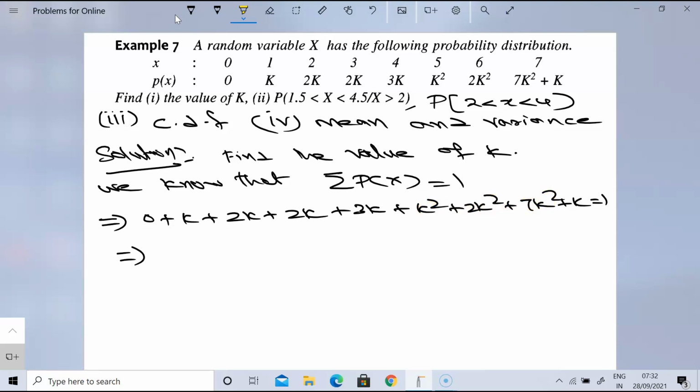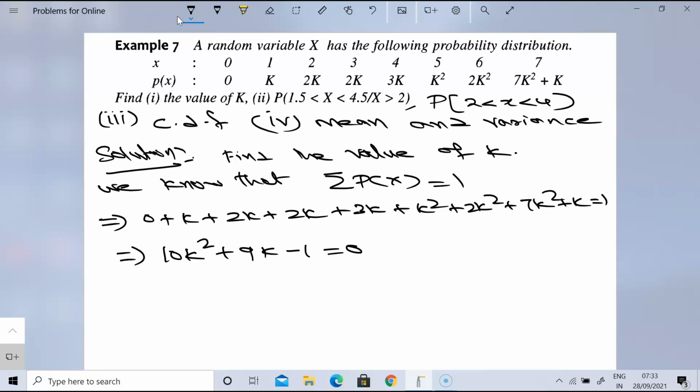So the total is 10, so we are having 10k squared, plus k, when you add, 1k plus 2k plus 5k, 8k, and in total 9k we have. Bring this 1 to this side. This is minus 1 equal to 0. This is what we have.